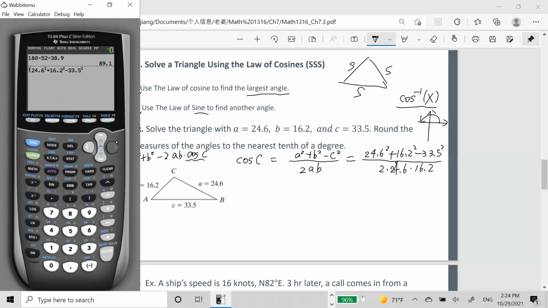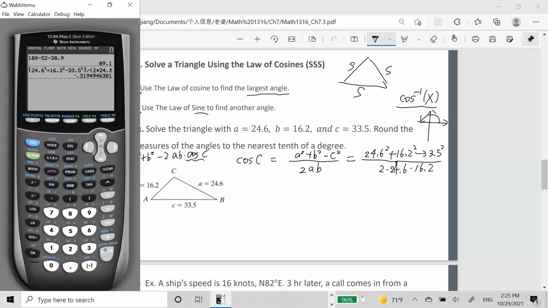Then another set of parentheses, divided by 2 times 24.6 times 16.2. Let me check if everything is good. I think so. Click enter.